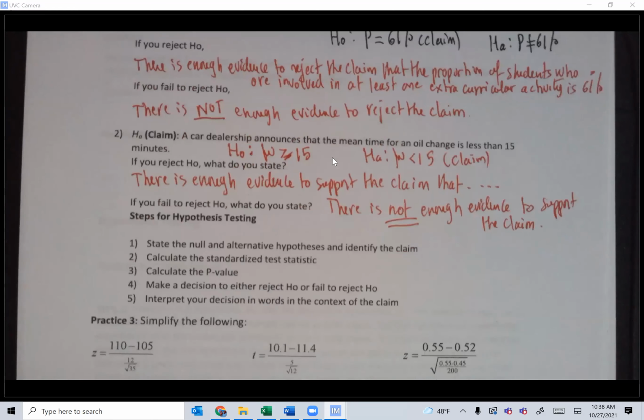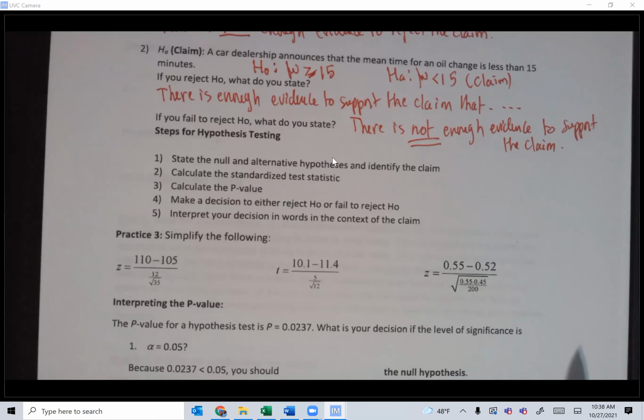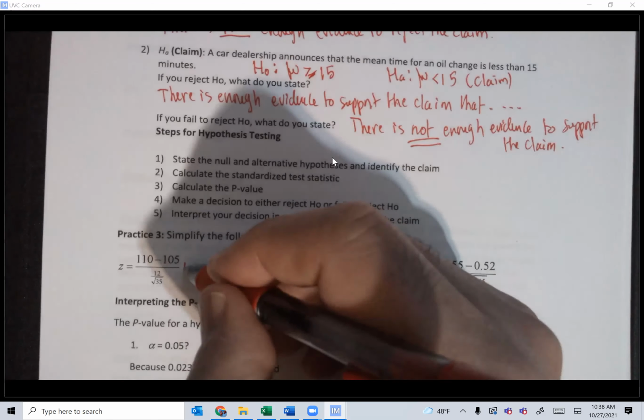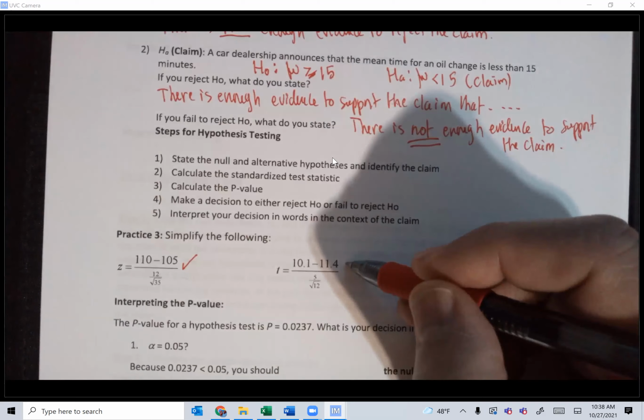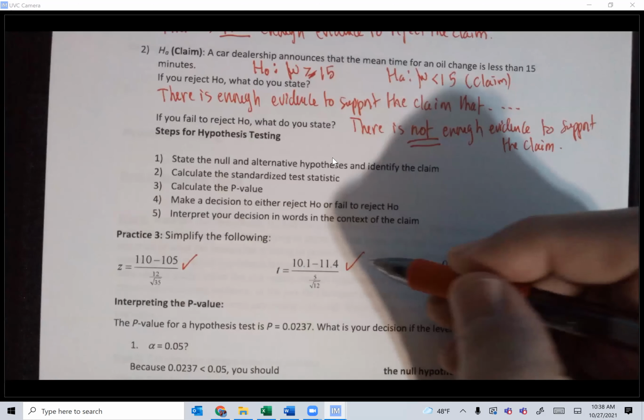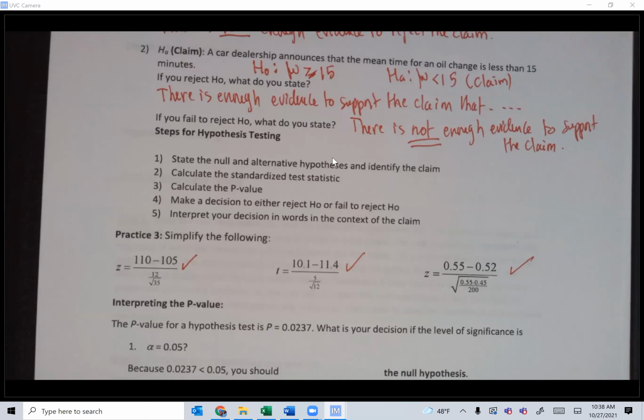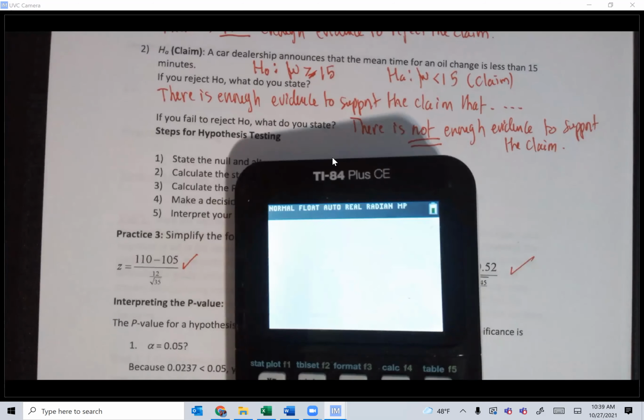Before we get to that, let's do some algebra. Let me show you the algebra, guys, that you need for this one. You're going to need to learn how to do something like that on a calculator. So have your calculator handy. If you are to calculate the z-score here, 110 minus 105 over 12 over square root of 35, how would you do that? Here's how I would do it on the calculator. Watch, guys.